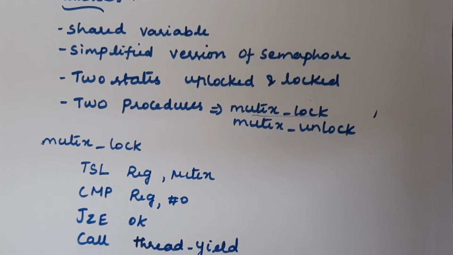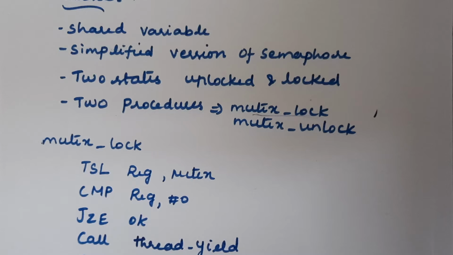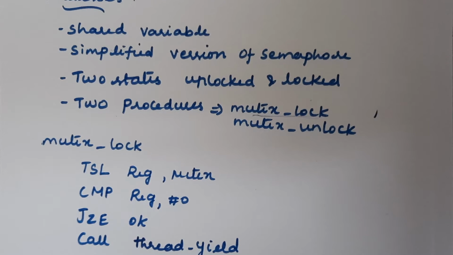Only if it calls mutex lock can other processes understand that this particular process is using the common data. It means it enters into the critical region, and this intimation has to be provided to all other threads or processes.